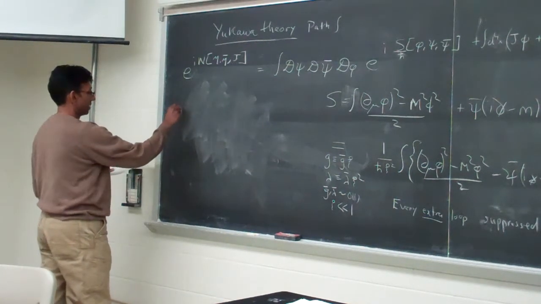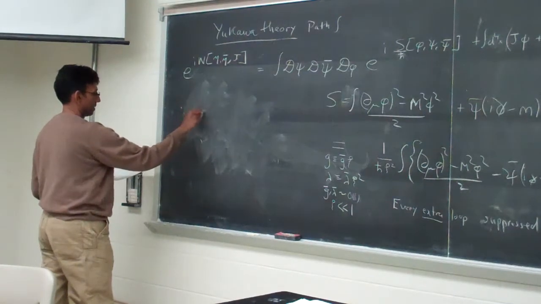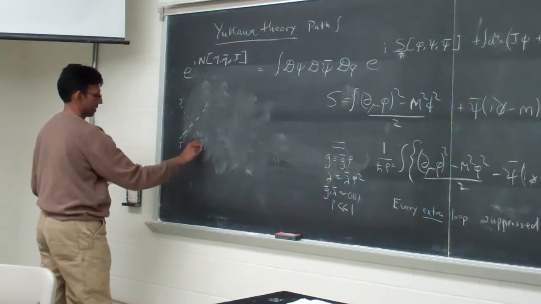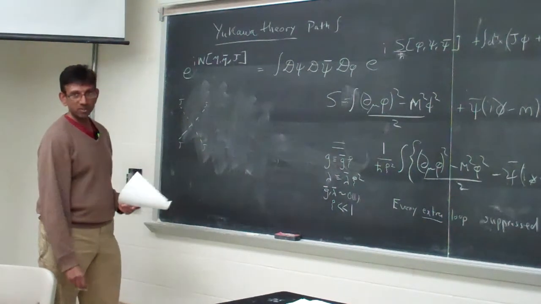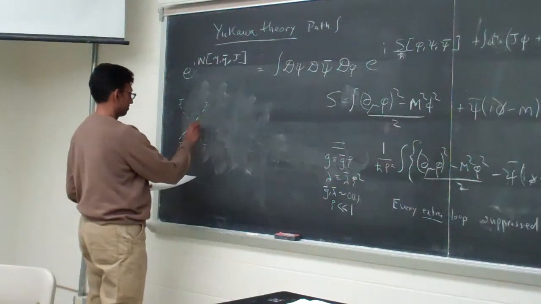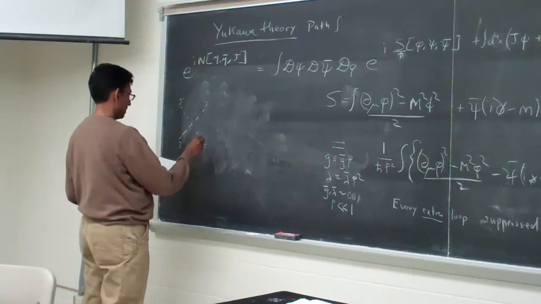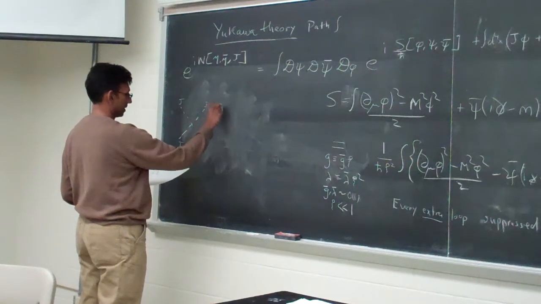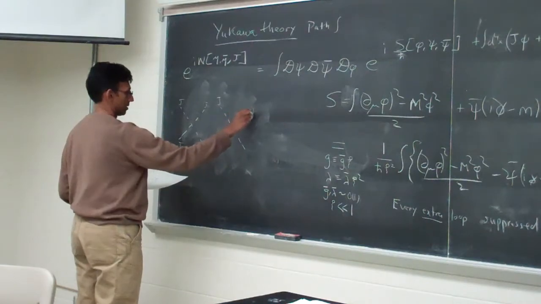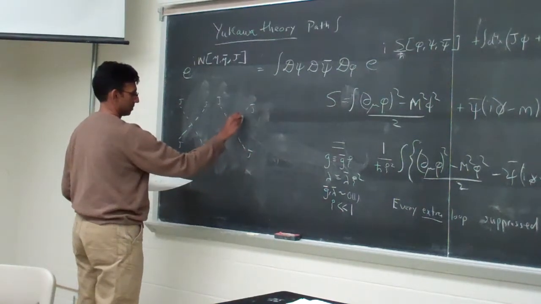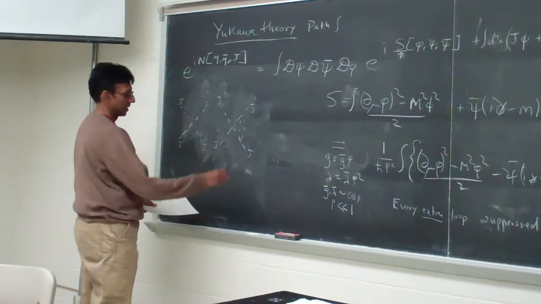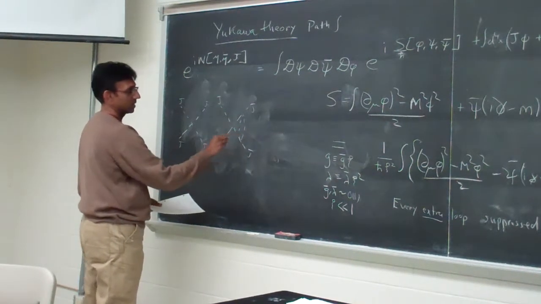So for example, here's a 4-point scalar correlator contribution. It's tree level. Let's compare it with, say, this one, which is 2 extra loops, and it goes like lambda squared.